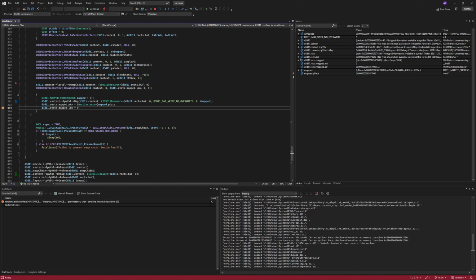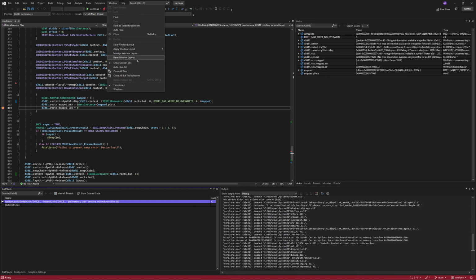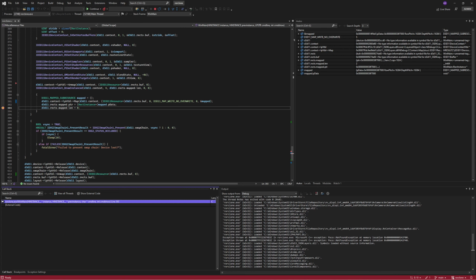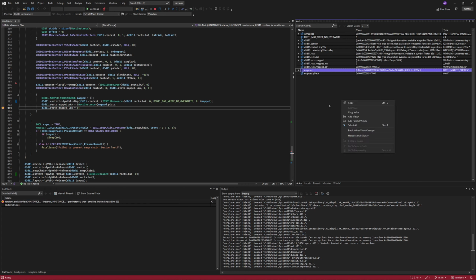so if we go into the rects, right, mapped putter, can I, oh, where is my watch window? Windows? Oh my god. Autos, search depth 3. Yeah, there it is.